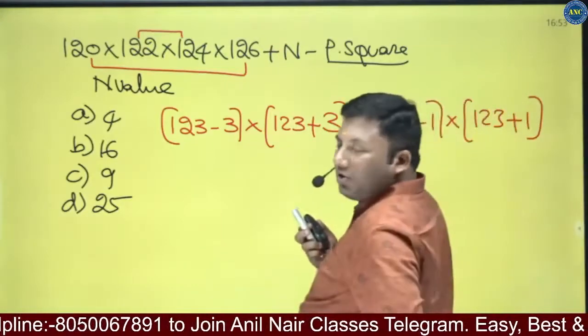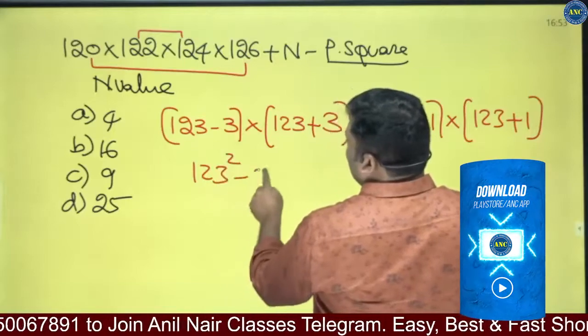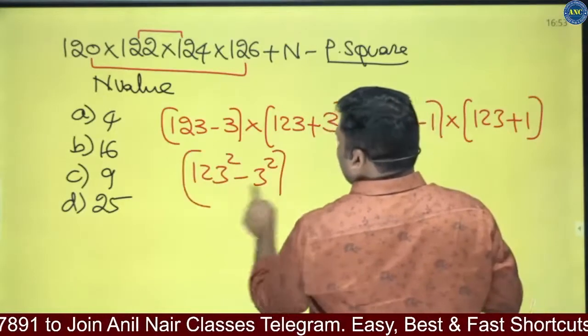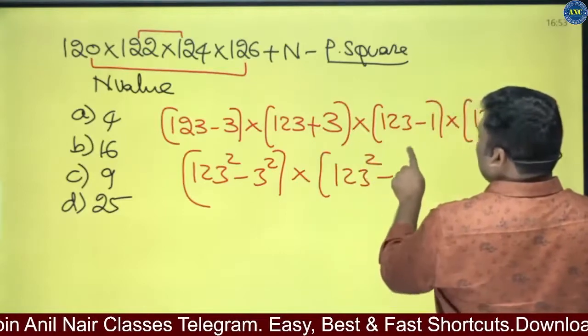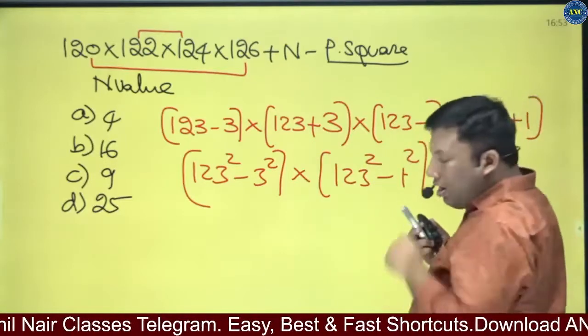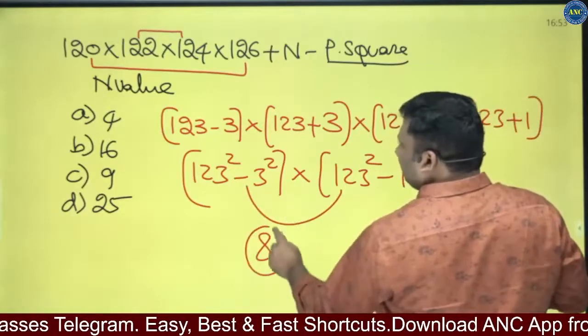Just by looking at the question itself, you will get the answer. This will become 123 square minus 3 square, and 123 square minus 1 square. What is the difference between these two? 8.